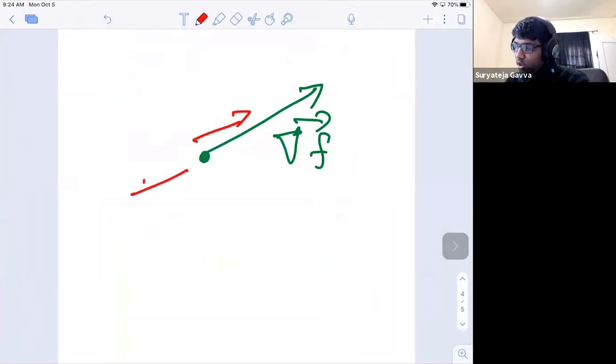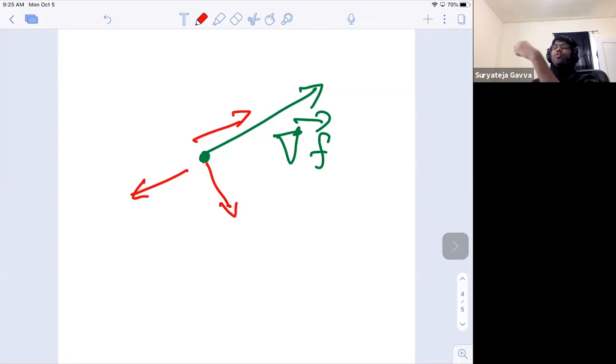If you move opposite to the vector, you'll get the maximum decrease. And if you move perpendicular to the vector, the function won't change. So that's what you mean by the steepest ascent. If you move along the direction of the gradient, you will have the maximum amount of change in your function.